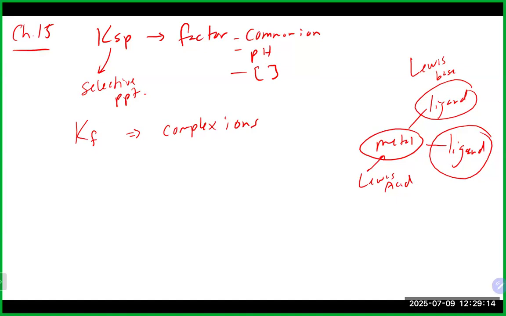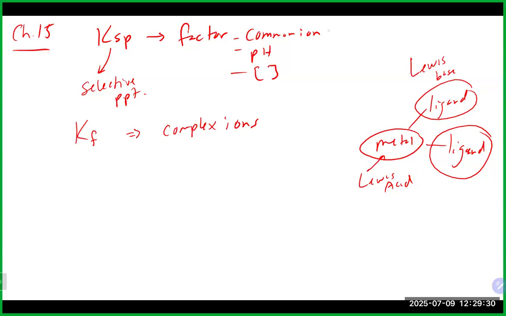So as I talked about yesterday, and as we'll cover in more detail in a later chapter, it is more of a Lewis acid-base situation that happens in this case.